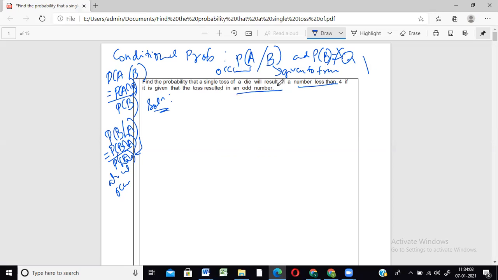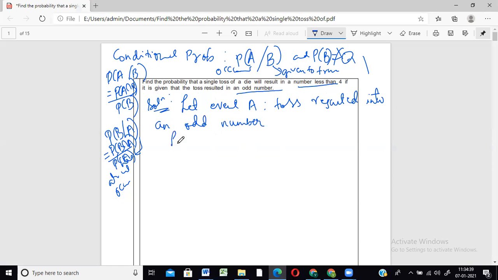As I said last time, you can write it anyhow: A such that B, or B such that A, whichever way you want. So here we are basically talking about two events, correct? We have two events, one is less than 4 and the other is an odd number. So we can write: let event A be such that the toss resulted in an odd number.